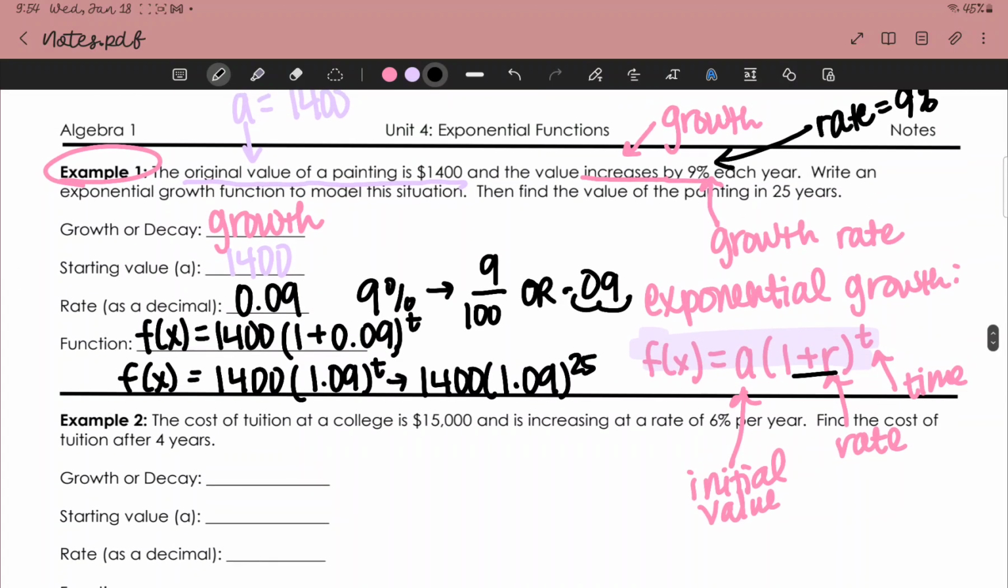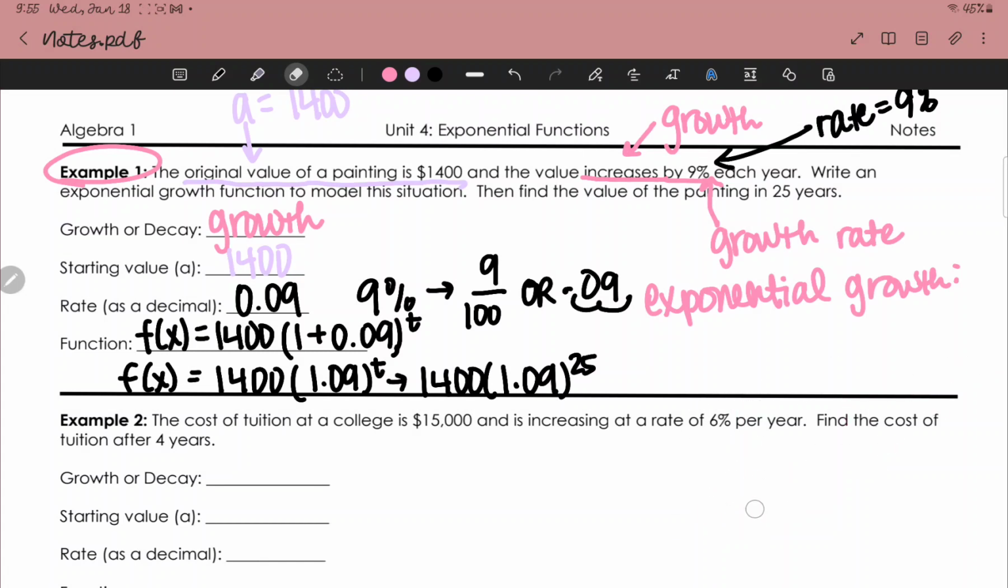So I'm going to use mine. I had 1400 times 1.09 to the 25th power, and I'm just going to erase this so I have some space. Hopefully you're not writing as big as I am on your paper, so you have some space there.